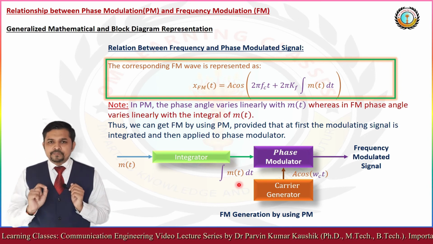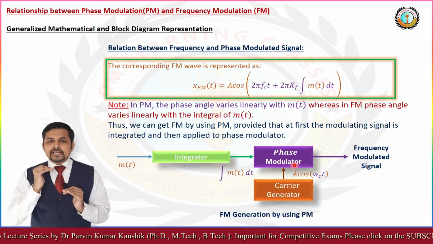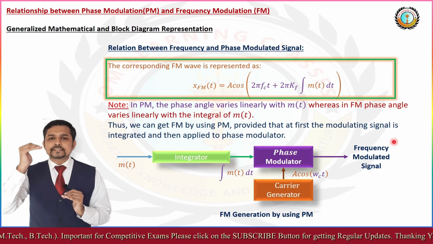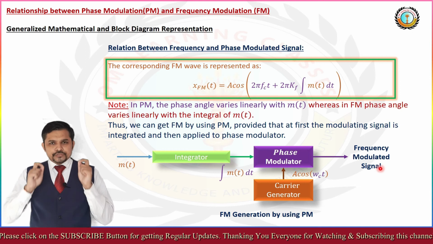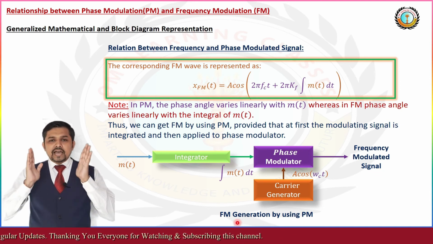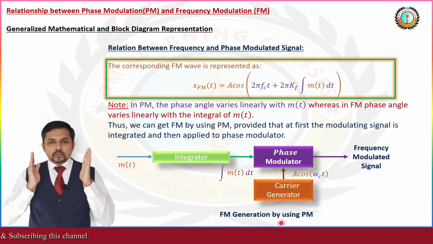And here we apply the carrier signal, and by utilizing a phase modulator, we get the FM modulated signal at the output of the phase modulator. So this is the first block diagram that gives the FM generation by using a phase modulator.